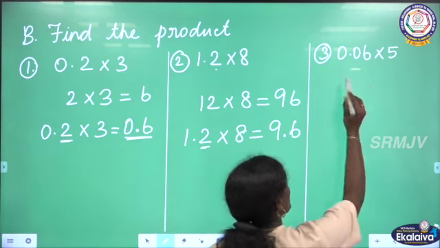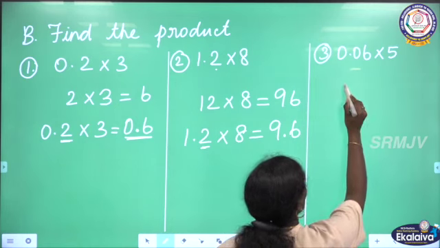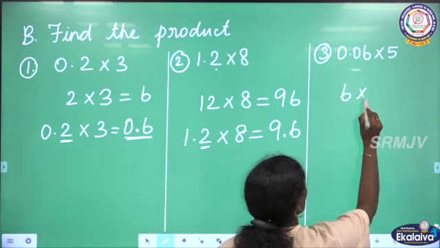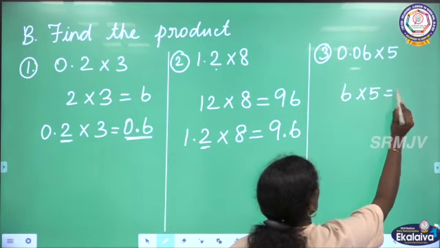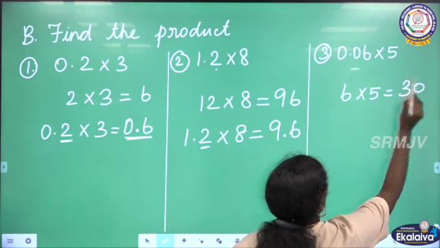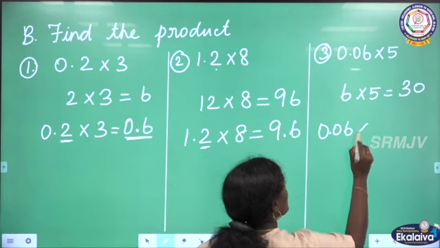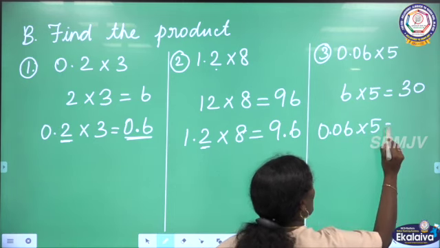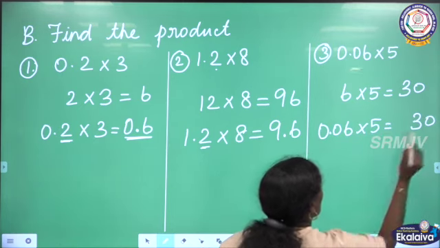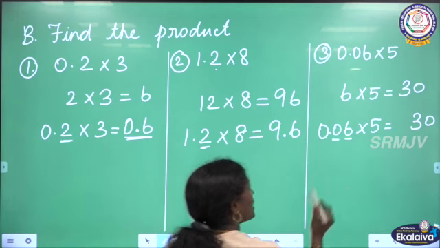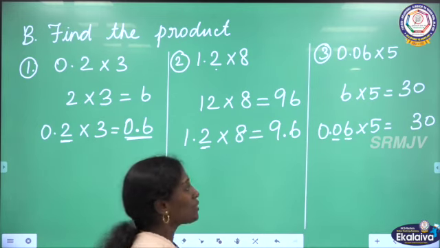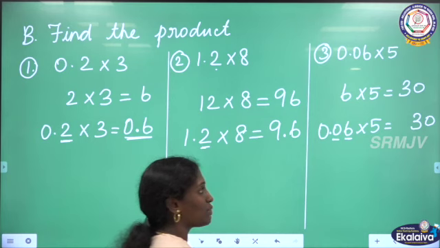See the next one, 0.06 into 5. So, we have to take it as 6 into 5. 6 5s are 30. Now, I am going to write the answer for the given question 0.06 into 5. Okay. Here how many decimal places are there? 2 decimal places. So, in the answer also we need 2 decimal places.